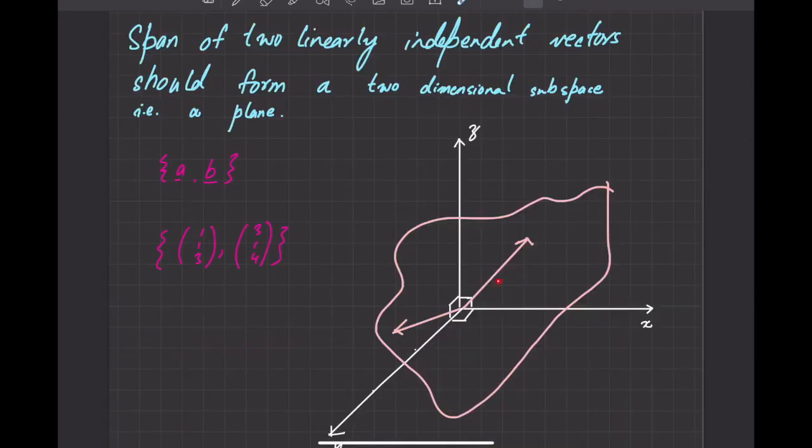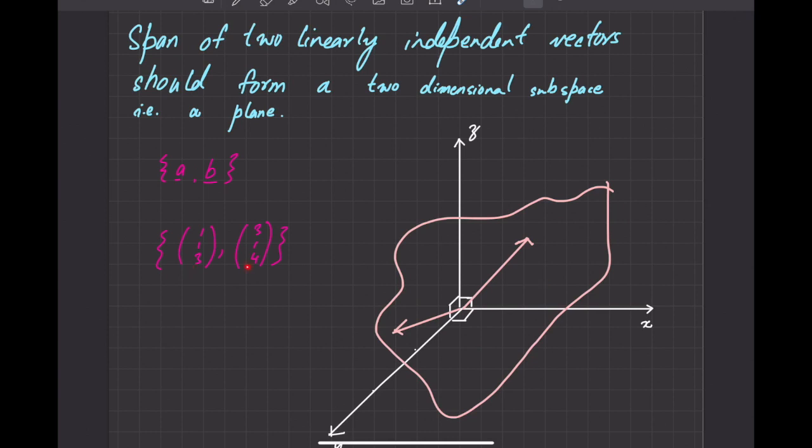In case you have two linearly independent vectors in a three-dimensional vector space, that means these two vectors should represent a plane in a three-dimensional vector space. So a linear combination of two vectors should give me all vectors which are lying in one particular plane.